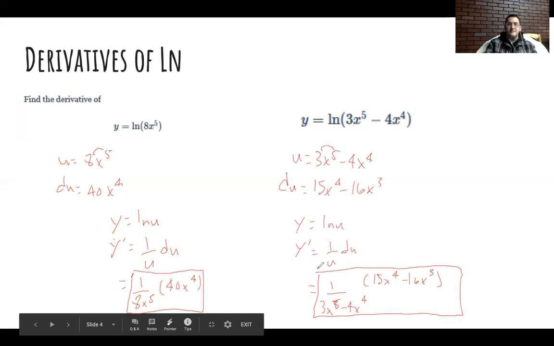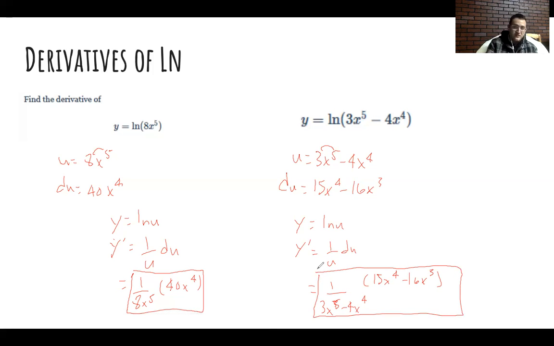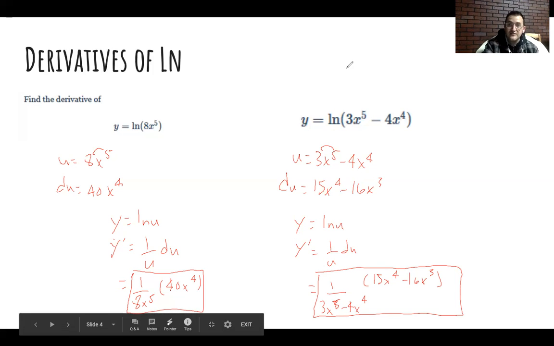You'll get some e to the x and some natural log of x type of problems. I like to hit these derivatives because in the real world, we do a lot of modeling with exponential and logarithmic functions. So I think it is really good for you to know the derivatives of these.